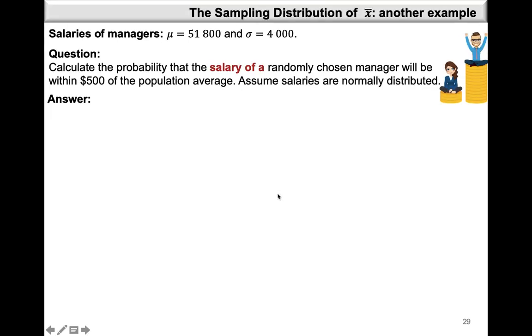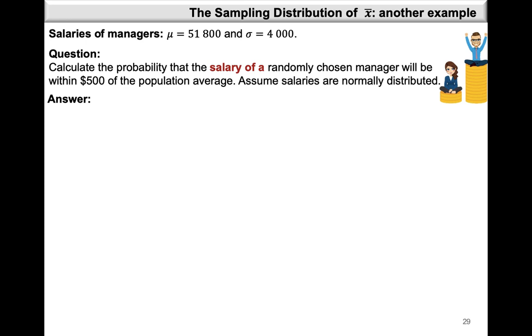Now, in the following question, we have the salaries of managers come from a population where the mean is equal to 51,800 and the standard deviation sigma is equal to 4,000. So now the question says calculate the probability that the salary of a randomly chosen manager will be within $500 of the population average.